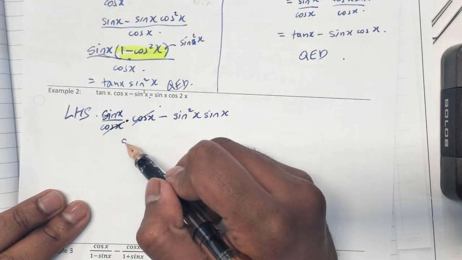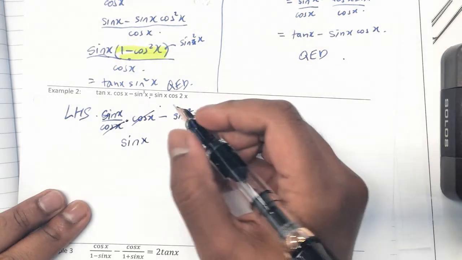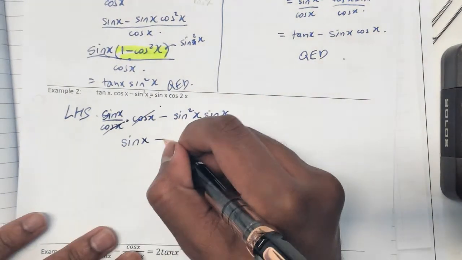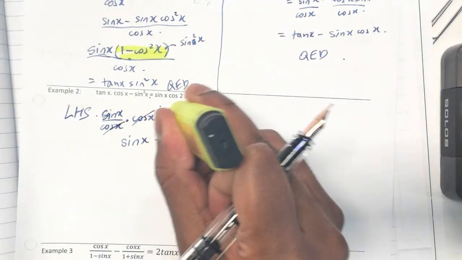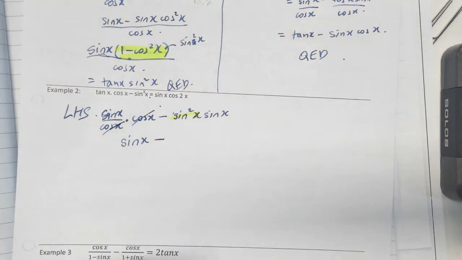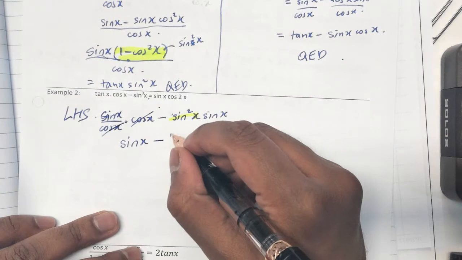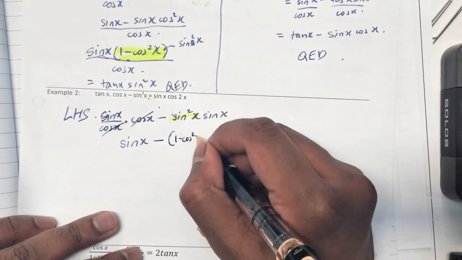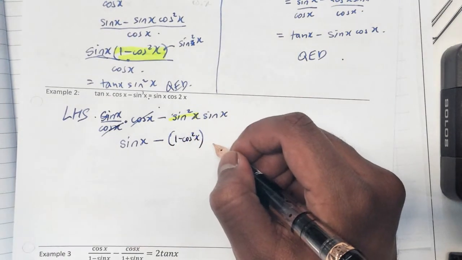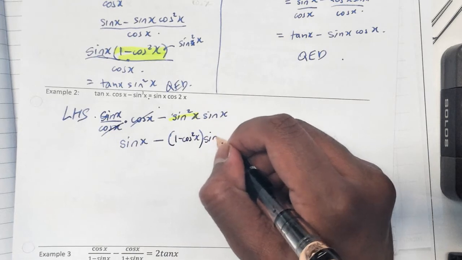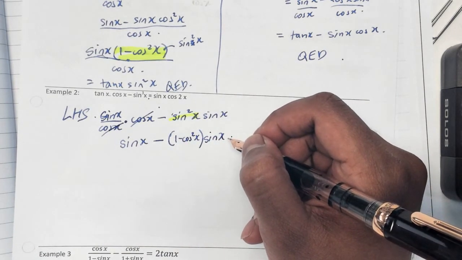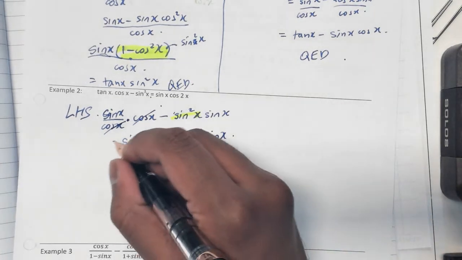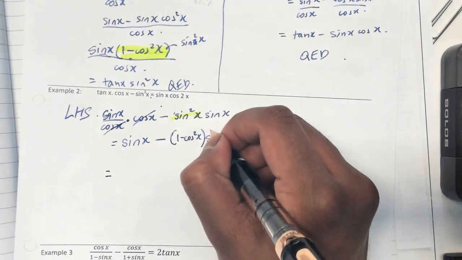So this side here is sine x minus this guy, which is 1 take cos x squared, times sine x. I can expand my brackets out.